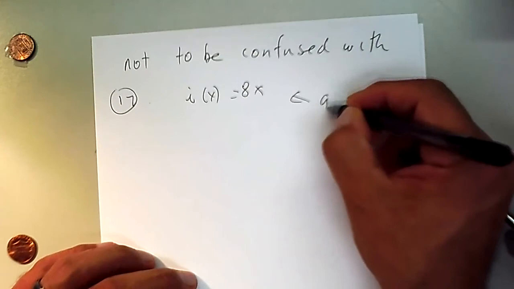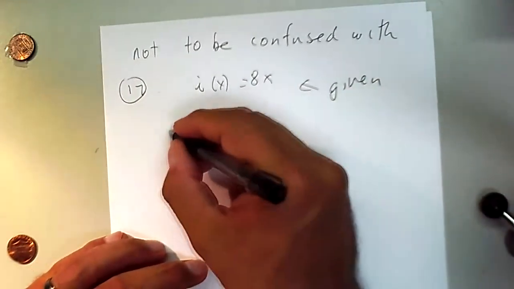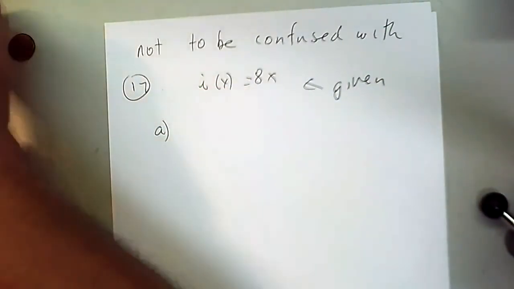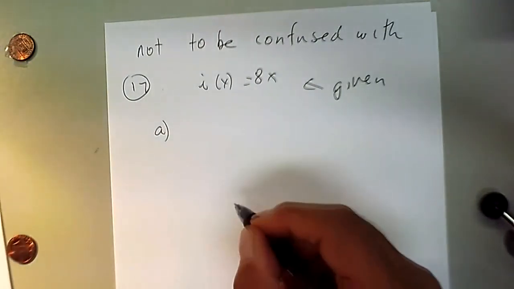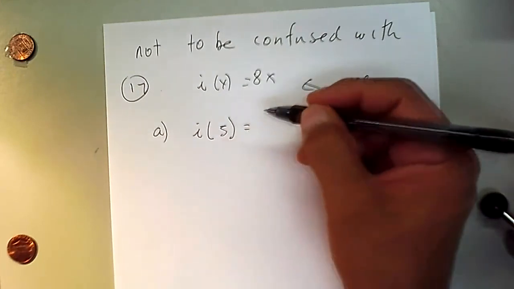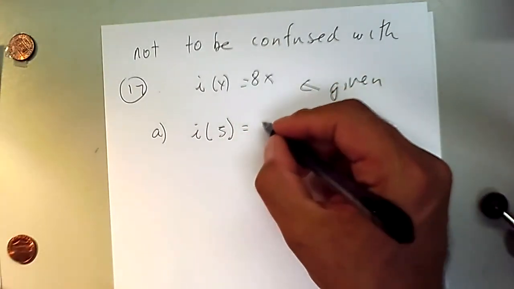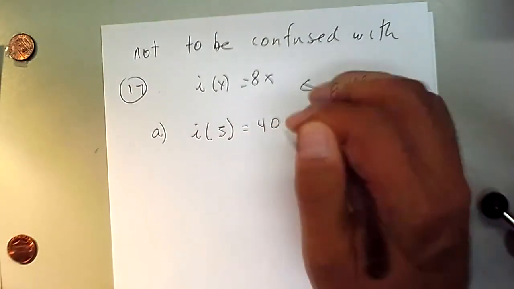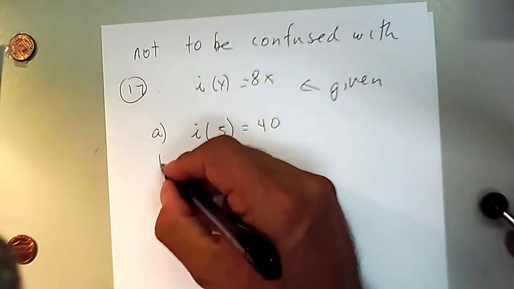So again, this is given. Okay, so now you gotta watch out. So what is i of 5? My 5 sometimes looks funny, but that's a 5. 40. Why? 8 times 5 is 40.